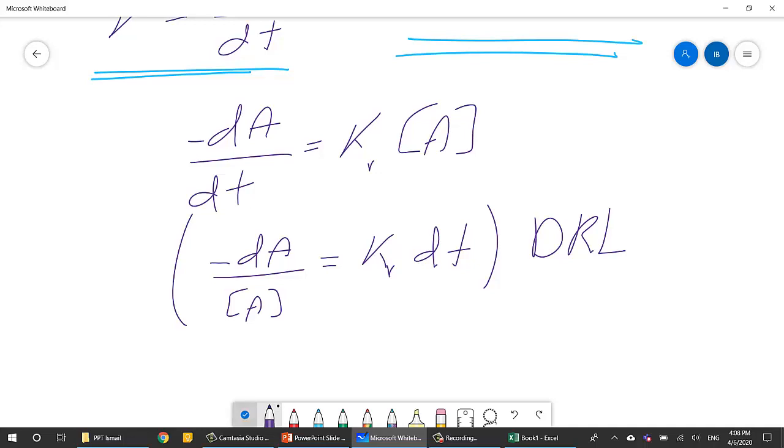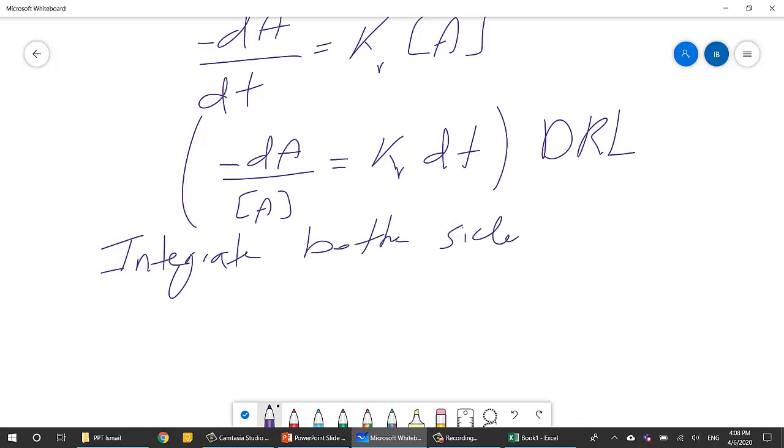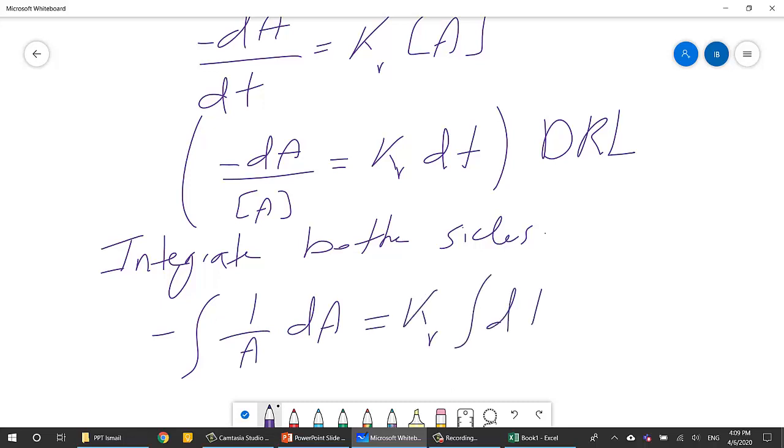But because this equation is very simple, I'm going to integrate both sides. So I'm going to integrate this: minus the integral of 1 over A dA should be equal to Kr, which is a constant, so I'm going to take it out, times the integral of dt.